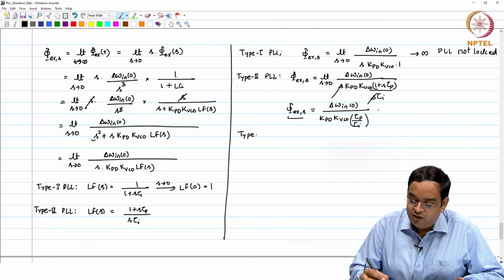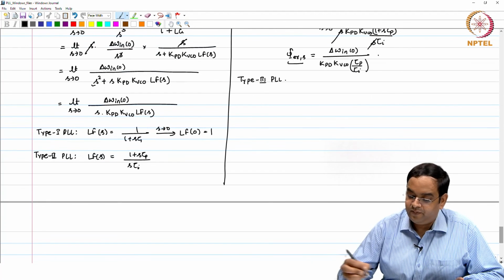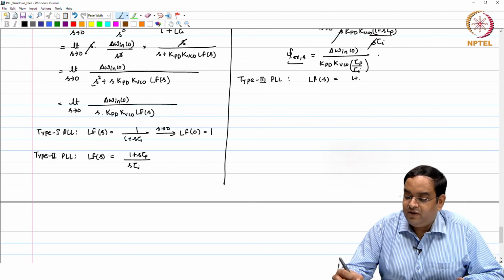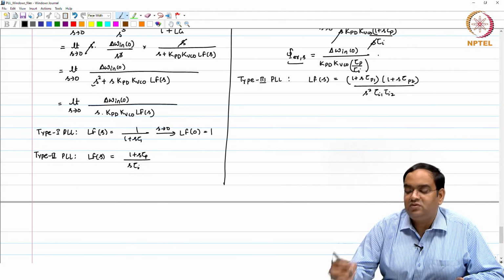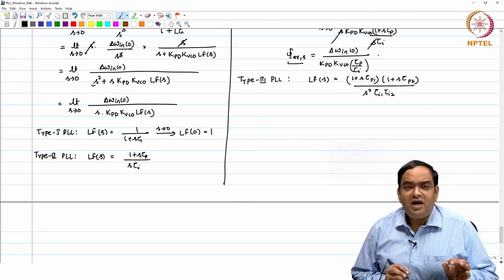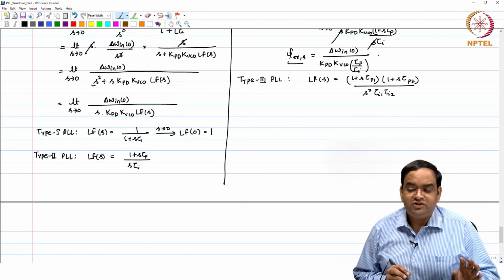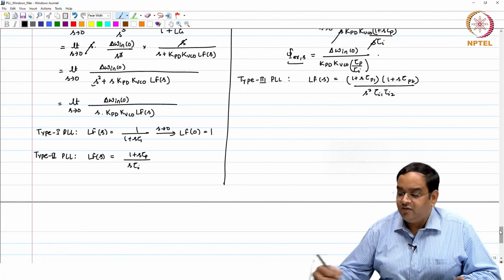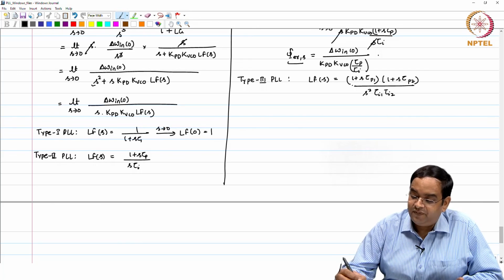Let us say for type 3 PLL, I can have my loop filter of S as (1 plus S tau P1) into (1 plus S tau P2) divided by S square tau I1 and tau I2. Right now, the tau parameters are just constants, so do not worry about it. What values they will pick, we will see during the implementation if required.